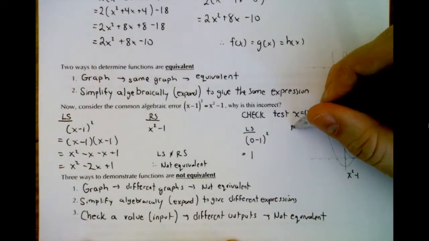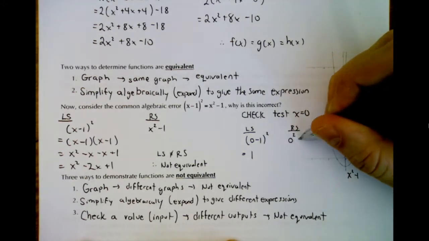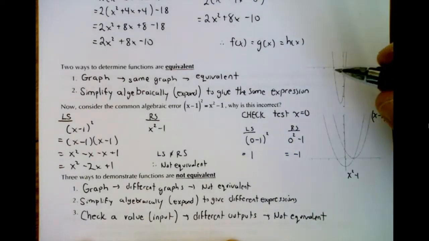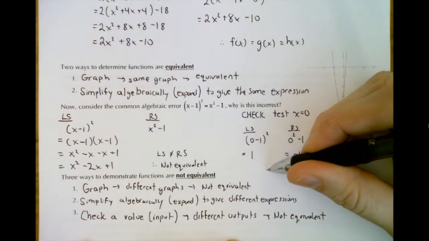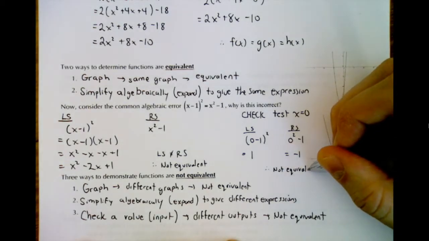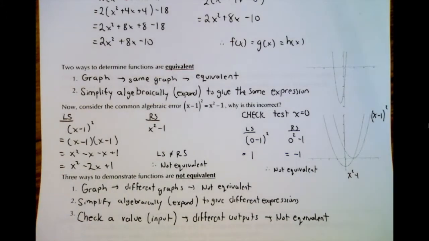On the right side, that would be 0² − 1. 0 squared minus 1 is negative 1. They're not equivalent. So that means for that one value, they're not the same, which means they're not the same for every value of x. And as soon as they're not the same once, you can say they're not equivalent.